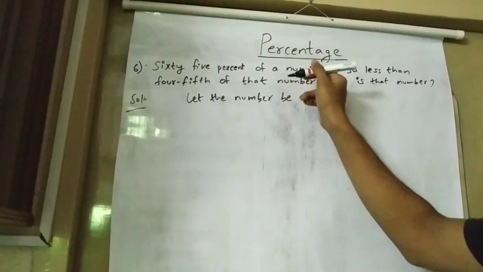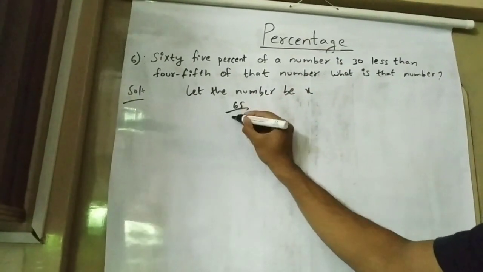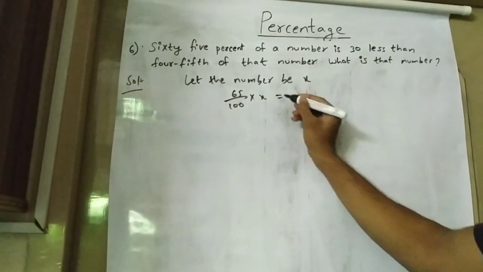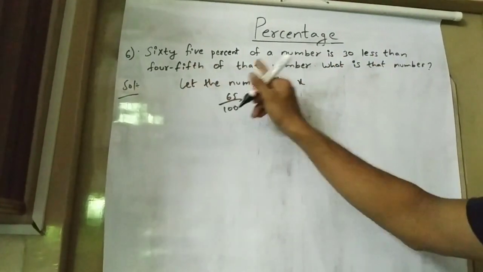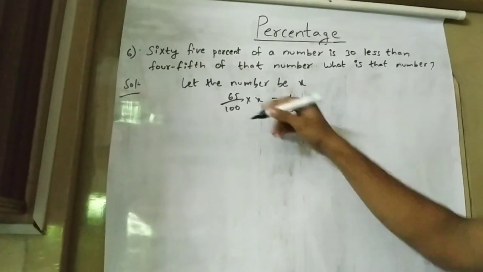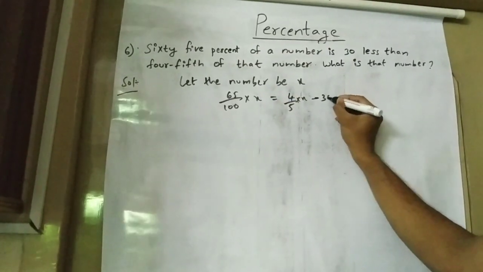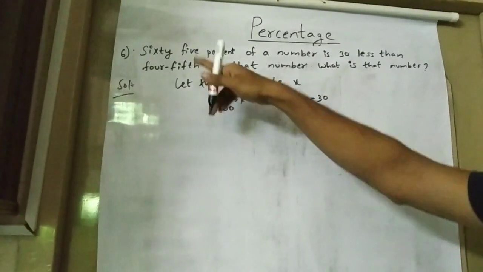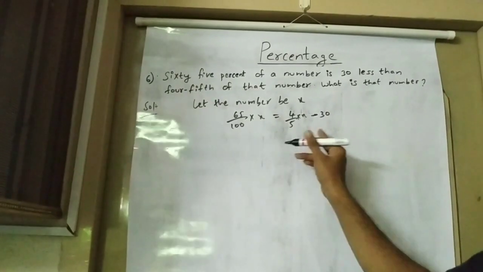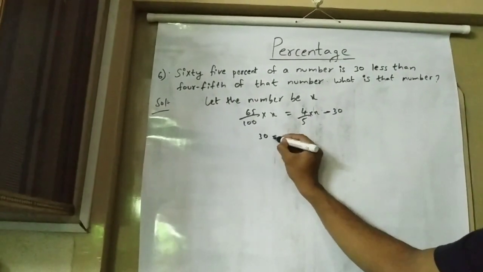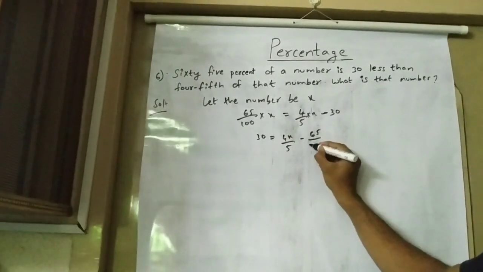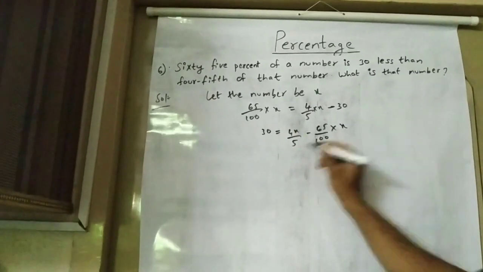So 65% of a number means 65 by 100 into x is equal to 30 less than 4/5 of that number, means 4 by 5 into x, 30 less than, so minus 30. So understand the question and write the equation correctly. 30 is equal to 4x by 5 minus 65 by 100 into x.